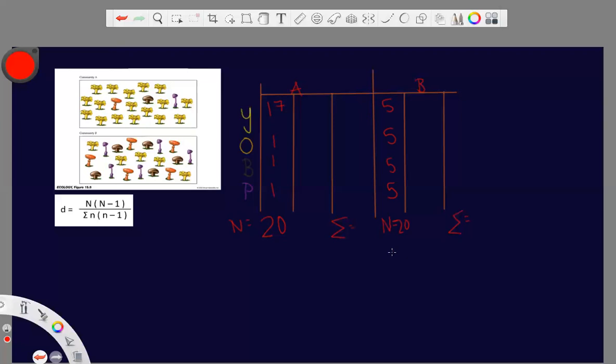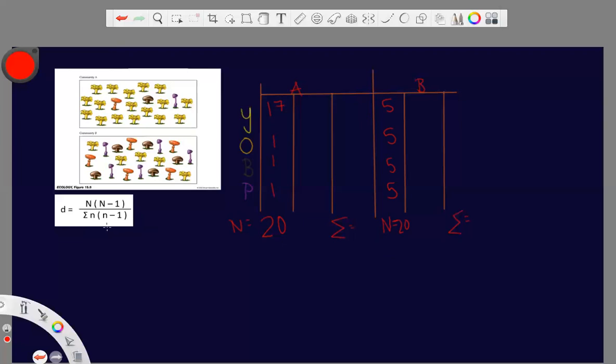Now we're going to look at how to calculate the denominator of this, the n minus 1. We're going to be summing together all of these n(n minus 1). So how do we work this out?